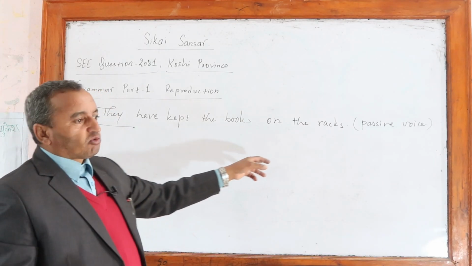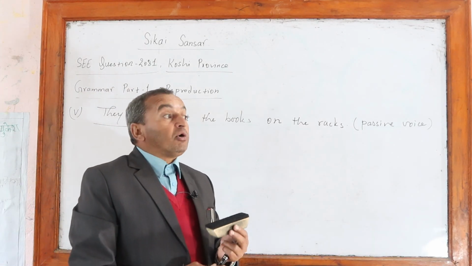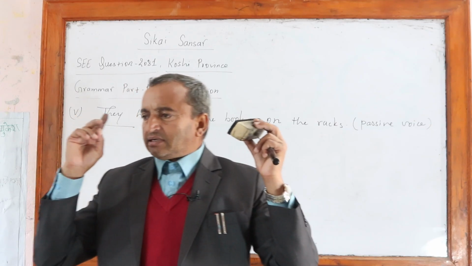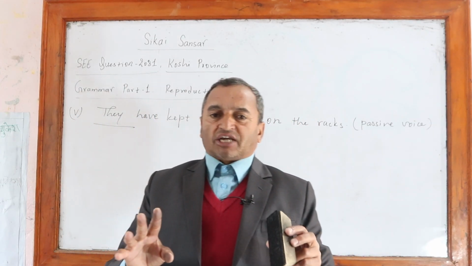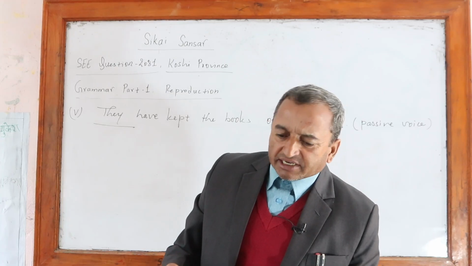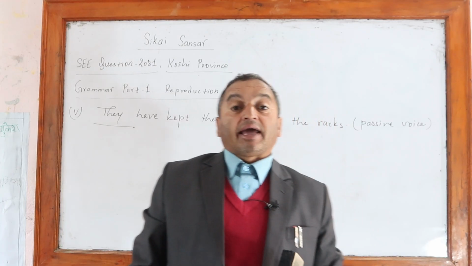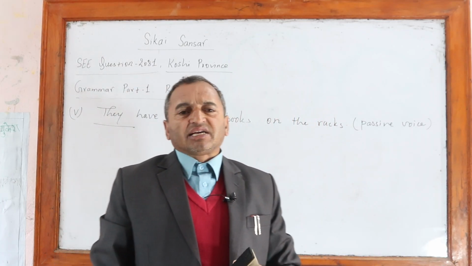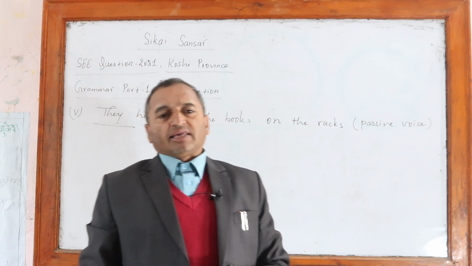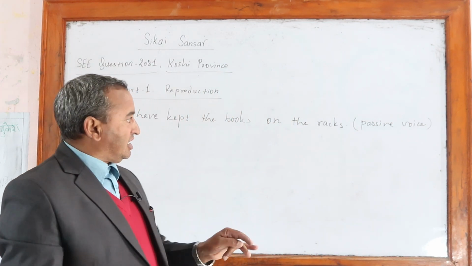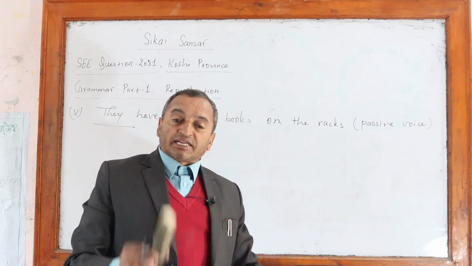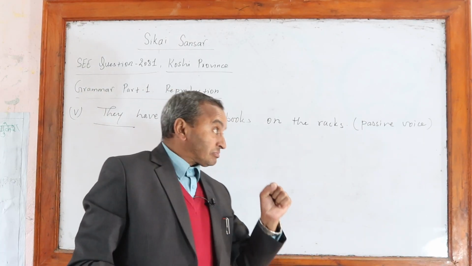Now, my dear students, voices and narrations are dependent on different types of tenses. So sentence types and tense types are the backbone of English grammar. You have to be crystal clear about the sentence type and tense.